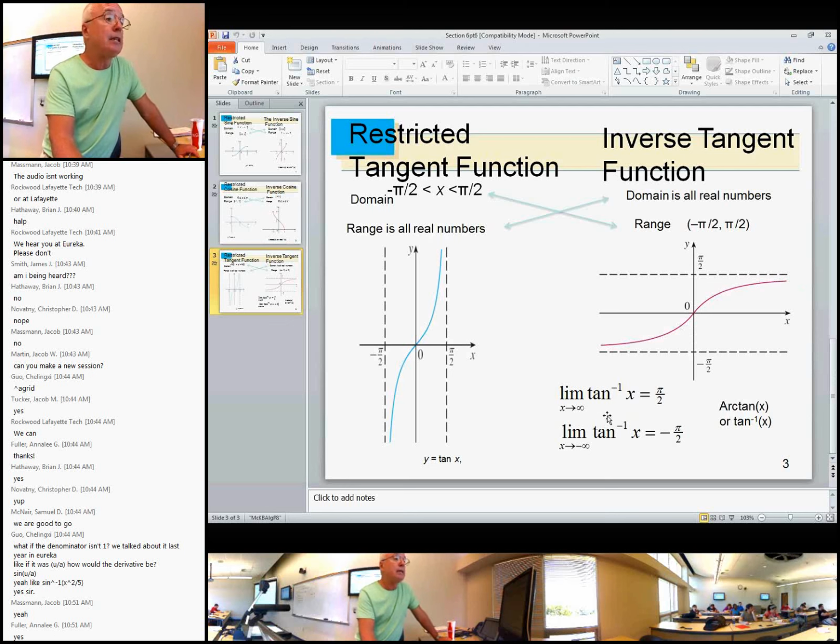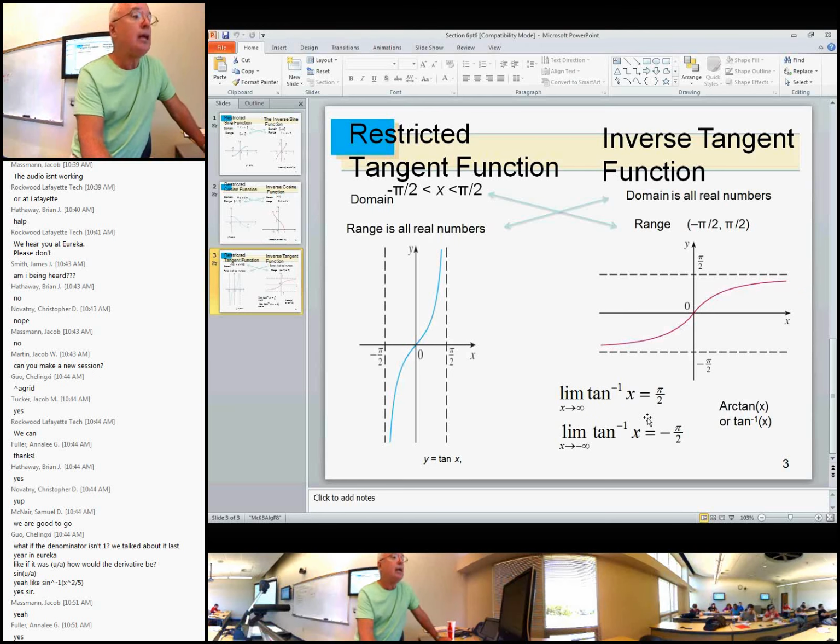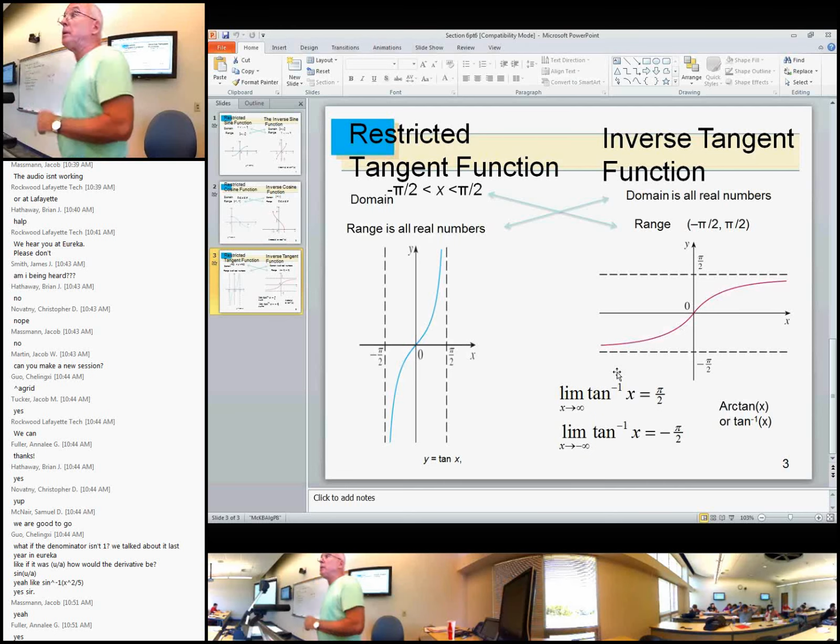So that means the limit as x approaches infinity of this inverse tangent is pi over 2. Then going the other direction, if x is going to negative infinity, the limit as x goes to minus infinity of this tan inverse is negative pi over 2, the other horizontal line. Another thing to remember.